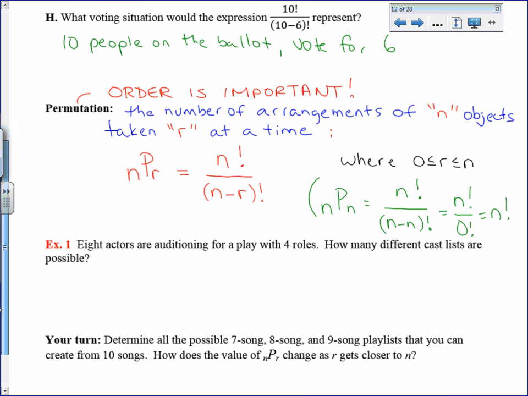In terms of your calculator, factorial is under math. Permutation is the same way, same place. So if you go to math, and then over to probability, permutation is number 2.